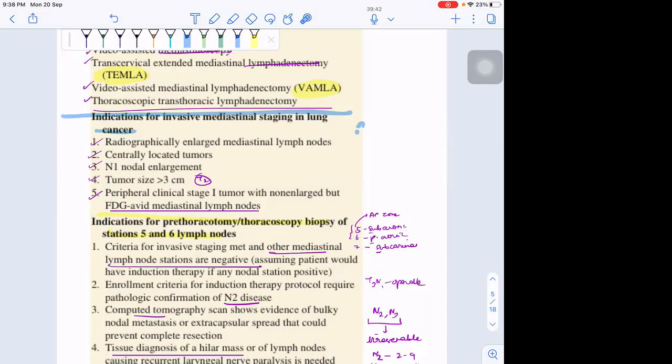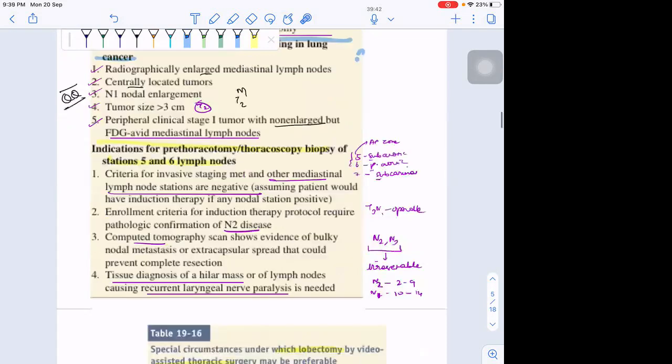From T2 only you have to go for invasive mediastinal staging, not for T1 cases. That is your main MCQ. So T2, N1, the enlarged node, the centrally located tumor, and clinical stage 1 with non-enlarged but FDG avid metastatic nodes; for that also you have to go.